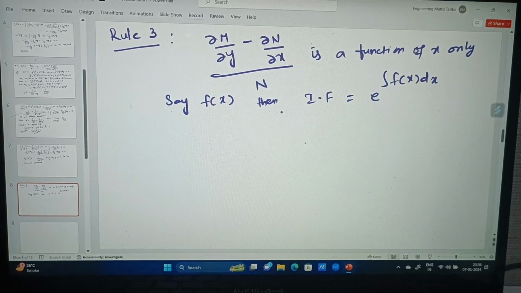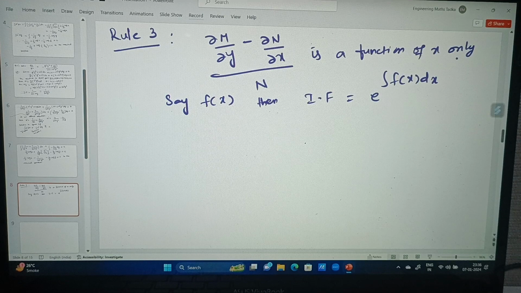Okay. If the given equation is of the form M dx plus N dy is equal to 0 and rule 1 and rule 2 cannot be used, then you will be solving the problem based on rule 3, which says dou M by dou y minus dou N by dou x upon N is a function of x alone.